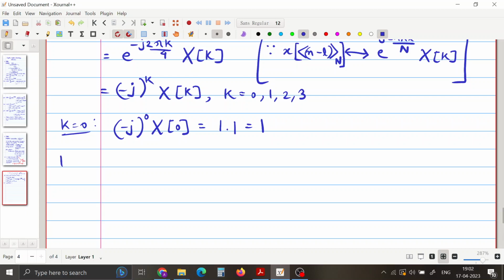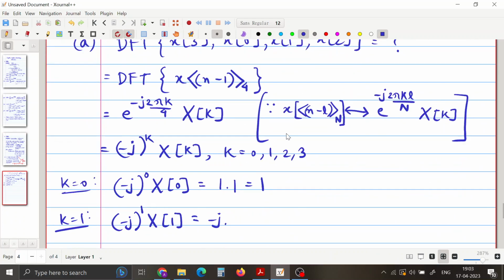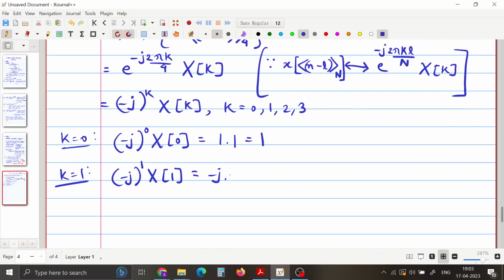Now for k equals 1, you have minus j to the power 1 times cap X of 1, which is minus j times, what was the second element? It was j. Minus j times j.